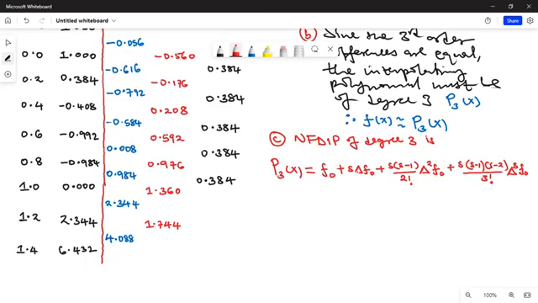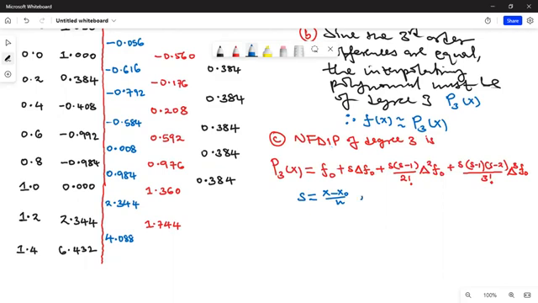Now, we said s is equal to x minus x naught over h. h is the spacing between those x values.